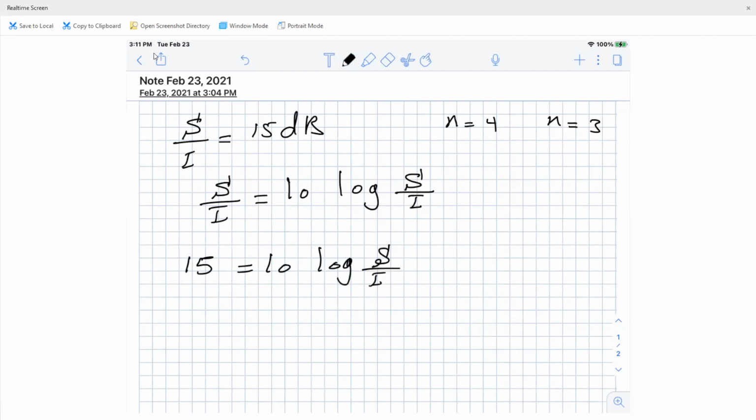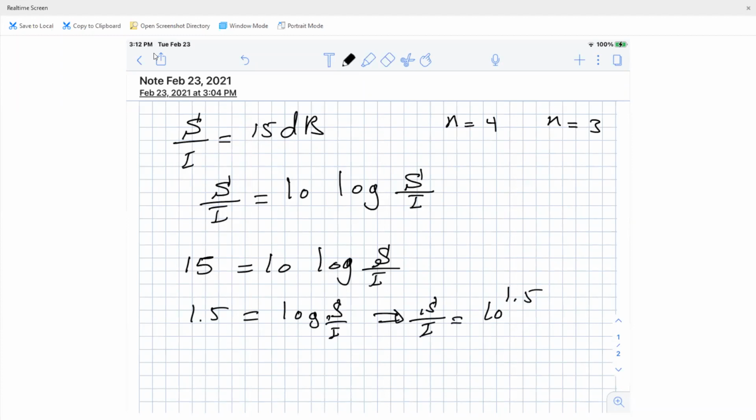So first of all, 10 taken to the left hand side, it will be 1.5. I mean divide both sides by 10. We have 10 log S over I. This means that S over I will be 10 raised to power 1.5.